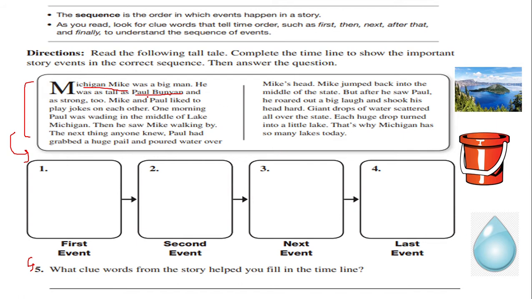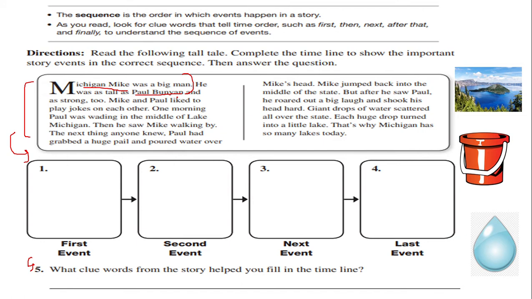When I asked you to do the pic collage, most of you put pictures related to Paul Bunyan because he's a famous folk hero. So that's why this appeared when you searched for tall tale and you put it in the pic collage.